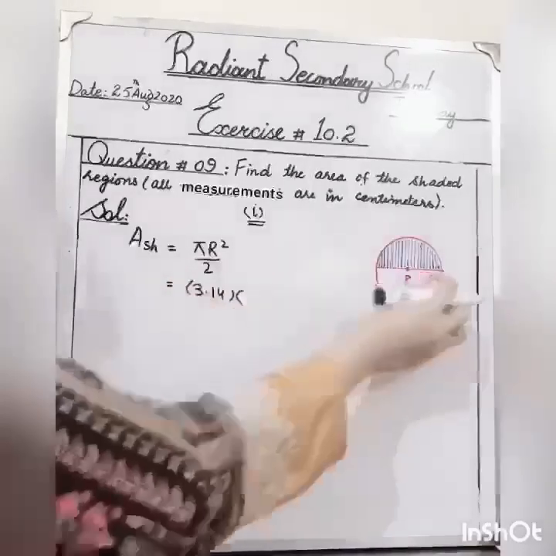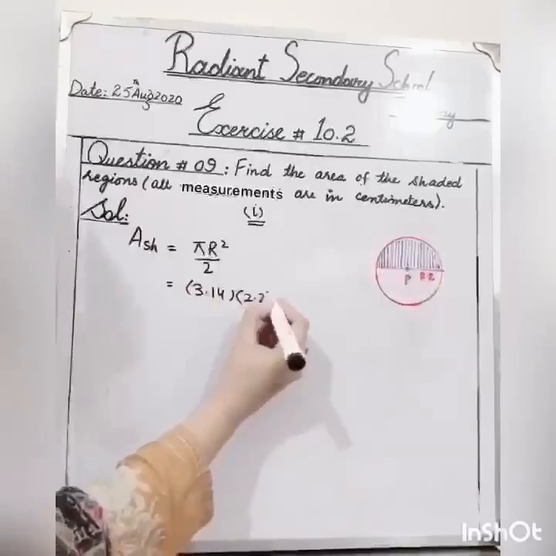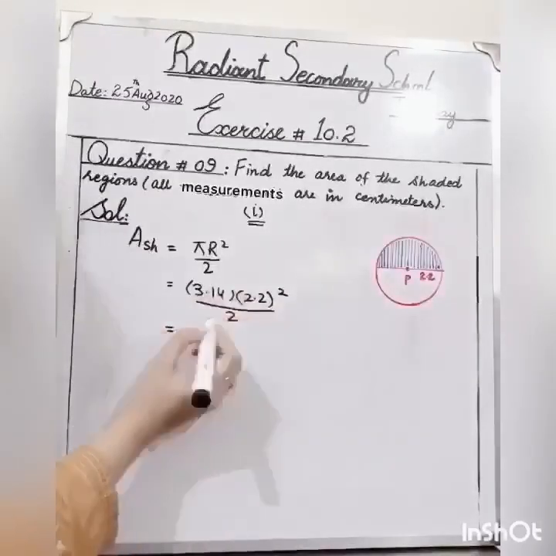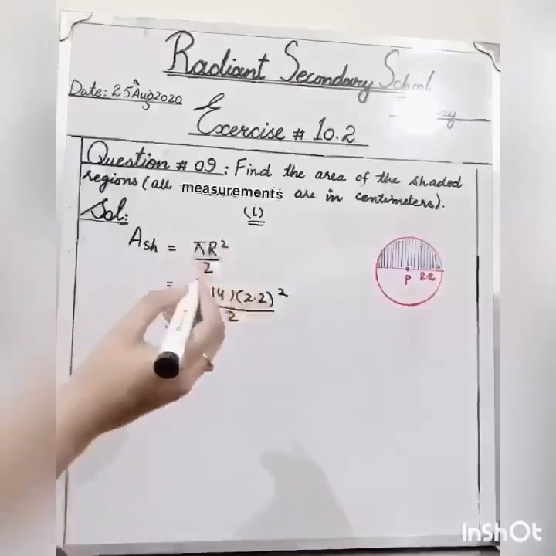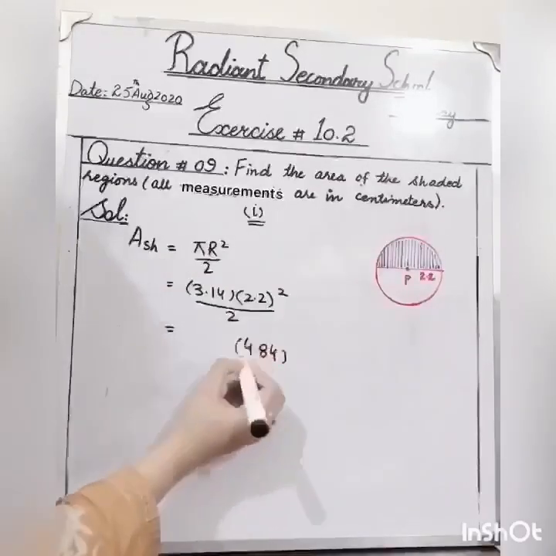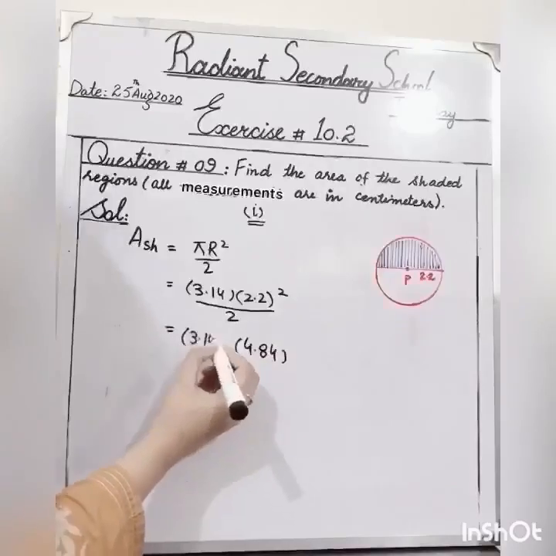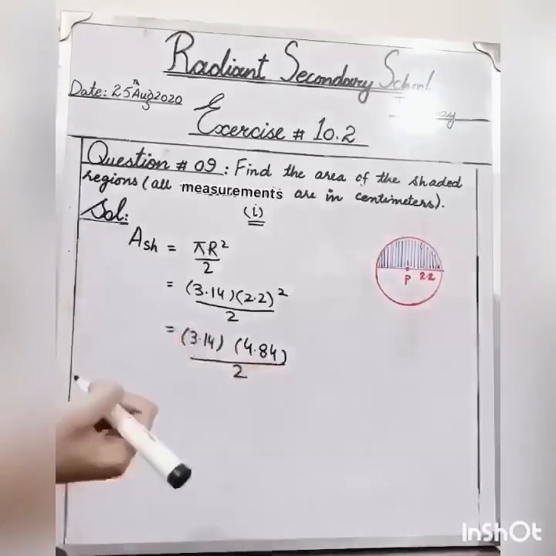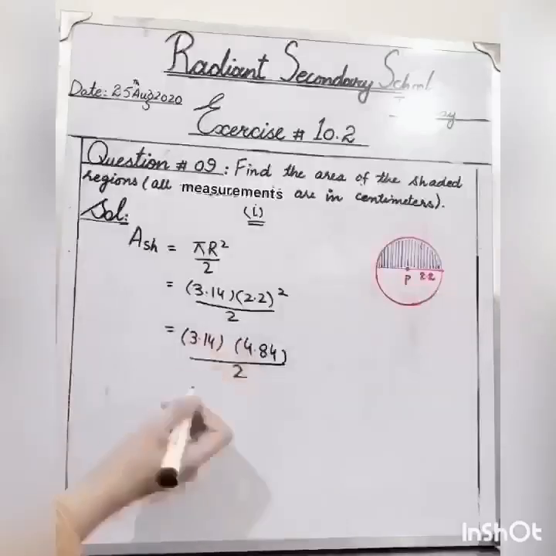Here the radius is given as 2.2, squared, divided by 2. 2.2 square will be 4.84. So 4.84 multiplied by 3.14 and you will divide the answer by 2.